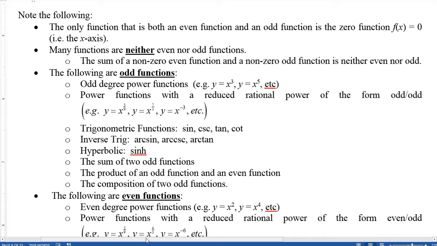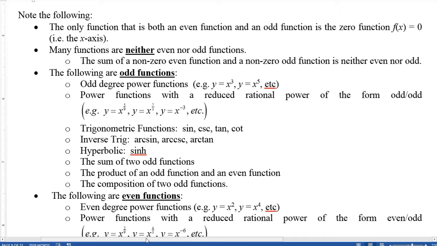So other than that, it can't be both even and odd. But many functions are neither even nor odd. If you think about just drawing any old graph of any old function, it would typically not have any symmetry at all, or may not have specifically y-axis symmetry, or origin symmetry.